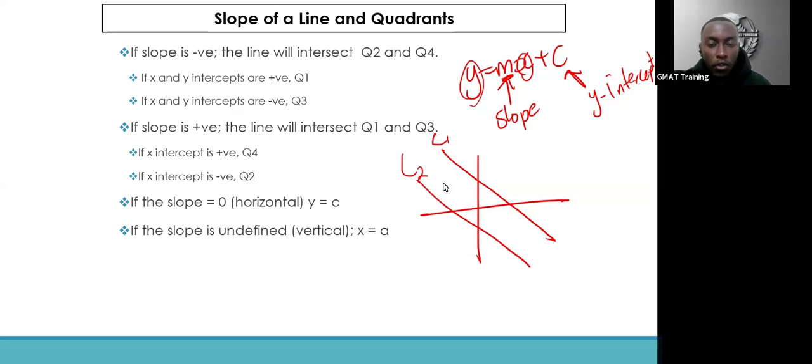Even the one going through the origin, let's say this is line 3, will always go through quadrant 2. Remember, quadrant 1, quadrant 2, quadrant 3, quadrant 4. So it should always go through quadrant 2 and quadrant 4.